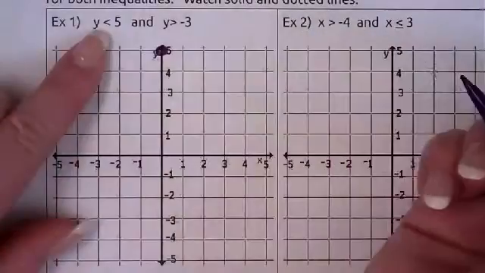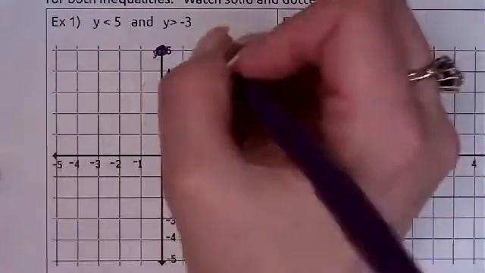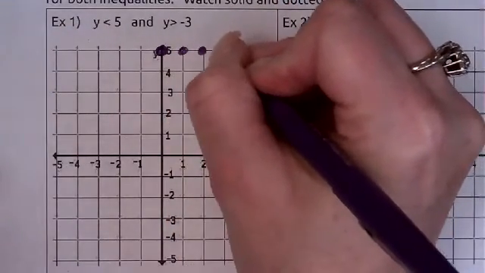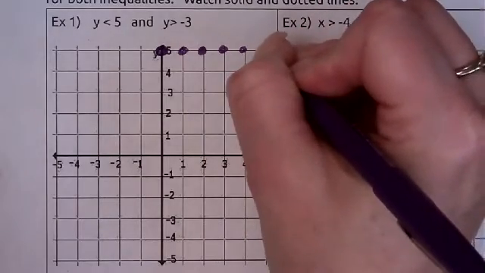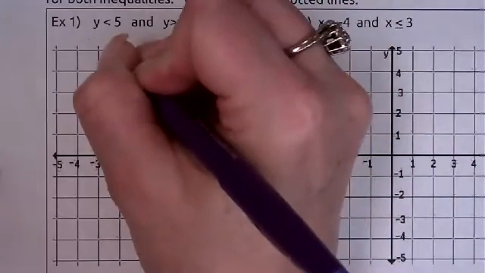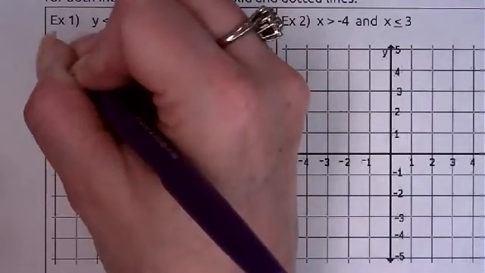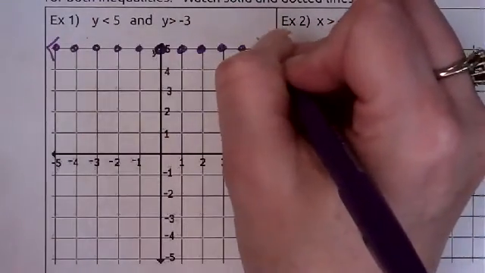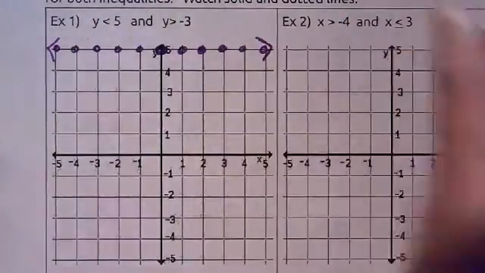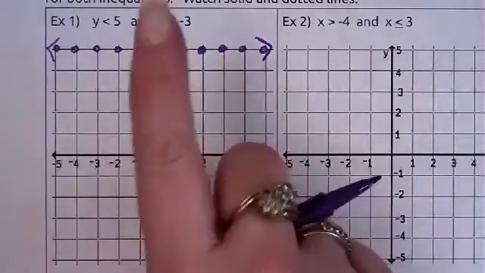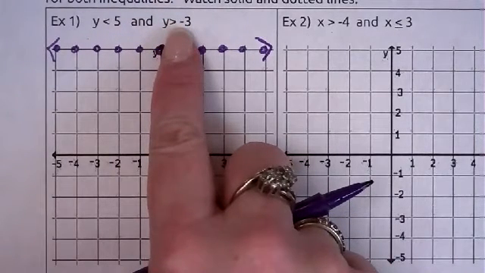I'm going to graph a dotted line since it doesn't have the equal to. Okay. Now, I'm not going to shade it just yet. I'm going to put in my boundary line for this inequality next.